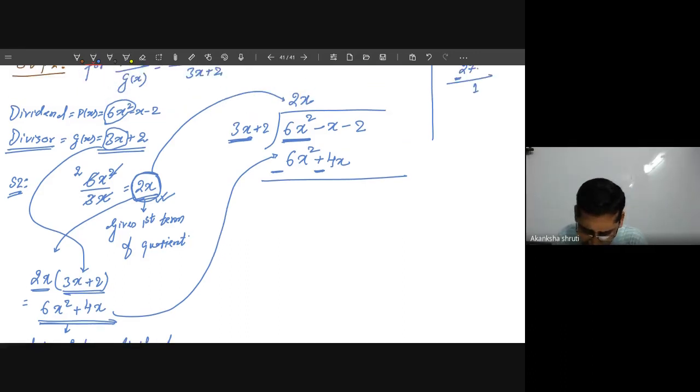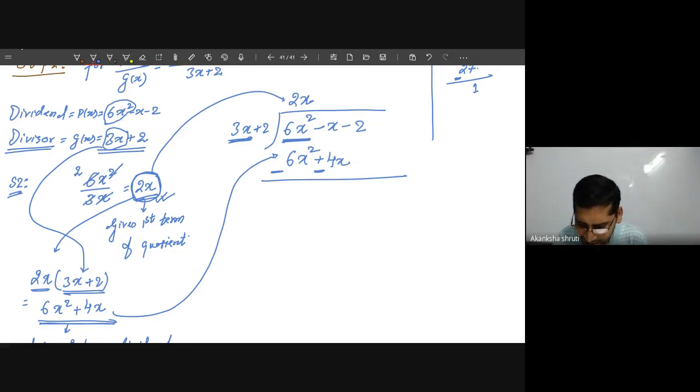Students, watch this division that I have written. It is our 6x square minus x minus 2. Below that we have written 6x square plus 4x, which we have obtained. Then this has to be subtracted. For subtracting that, the sign of the lower polynomial is changed.